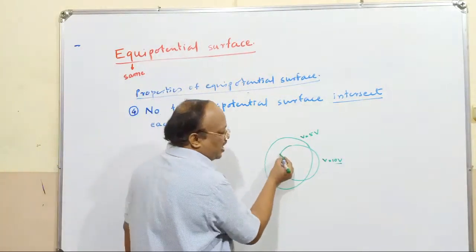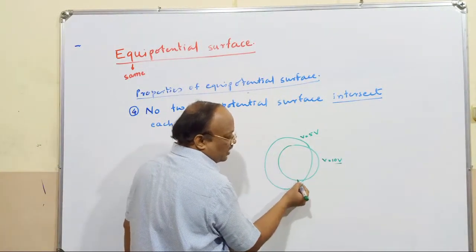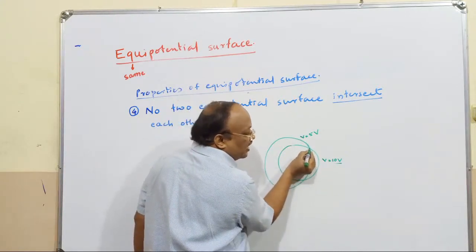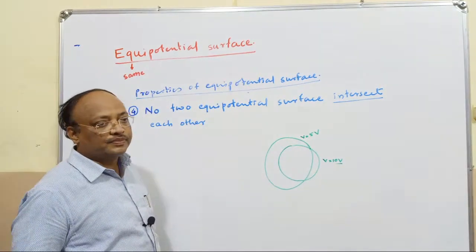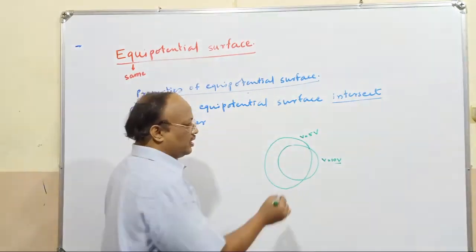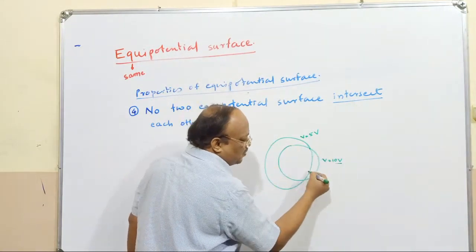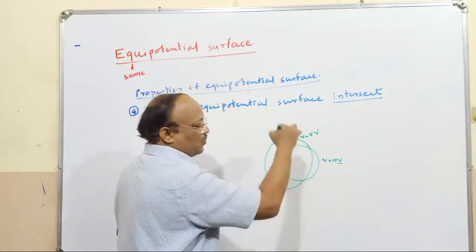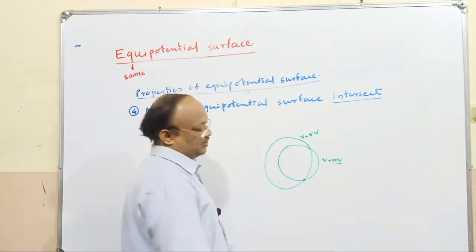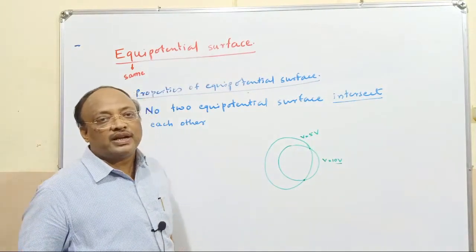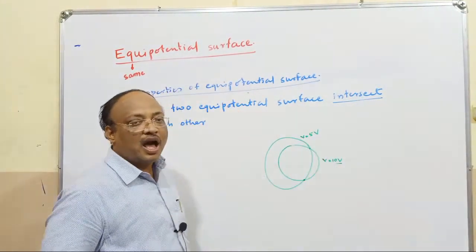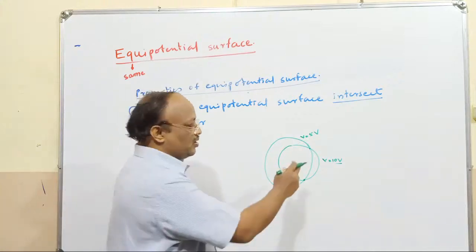The question comes: how about these two intersection points? Does this point have 10 volt of potential or 5 volt of potential, because both surfaces lie there?